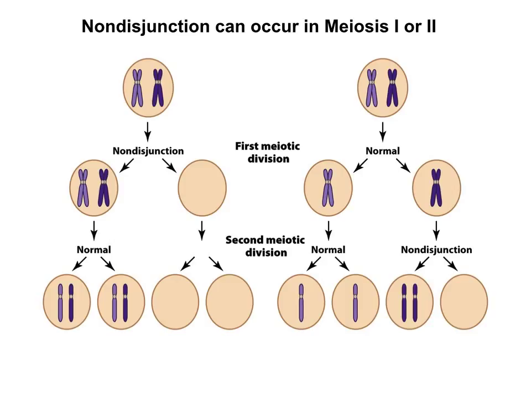You then have gametes that form from this. This is going to be missing a chromosome 21. These gametes are going to have an extra chromosome 21. If they get fertilized by a normal gamete, you're then going to have trisomy 21. So this would result in Down syndrome. This would result in Down syndrome. What would this result in? Yeah, probably a spontaneously aborted embryo.